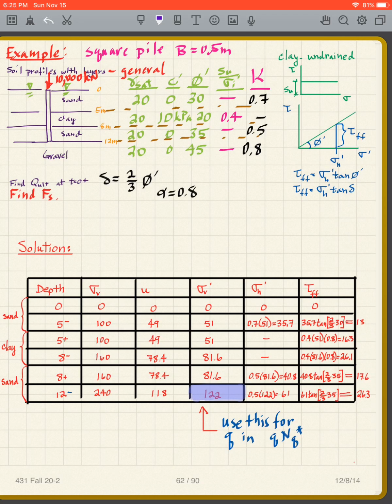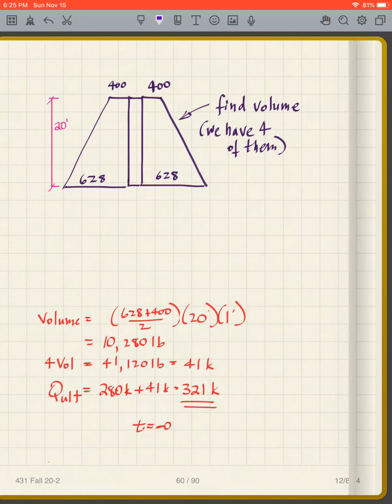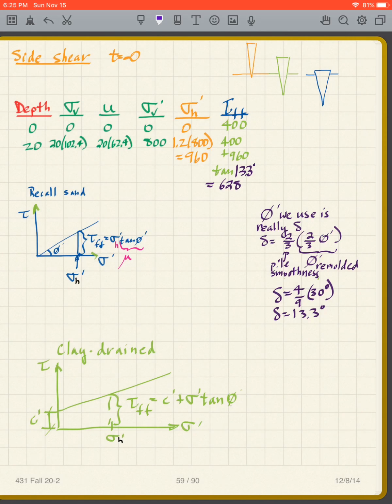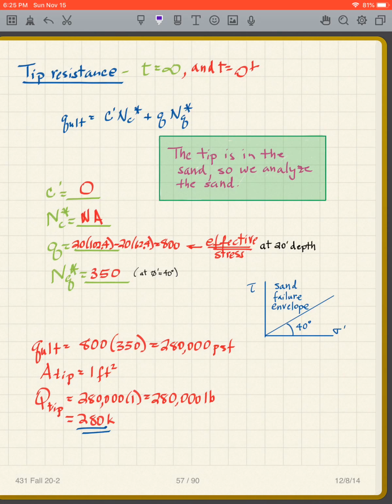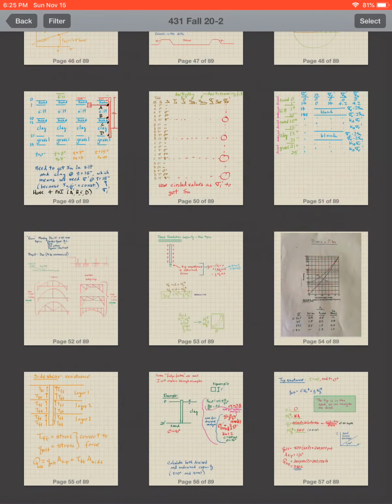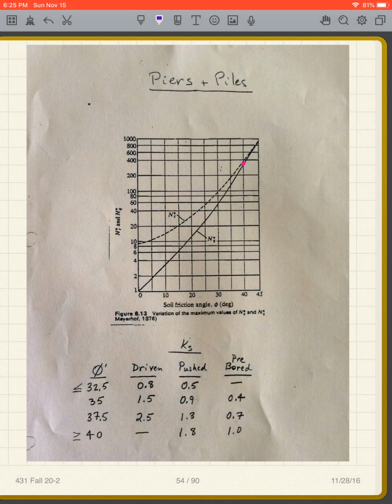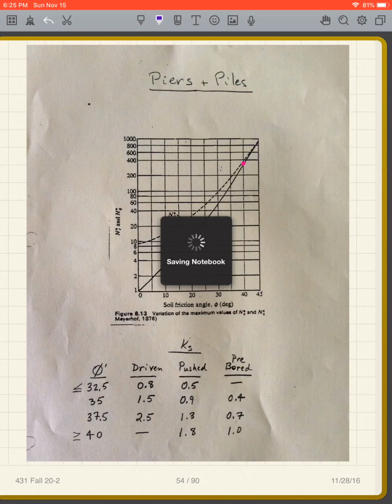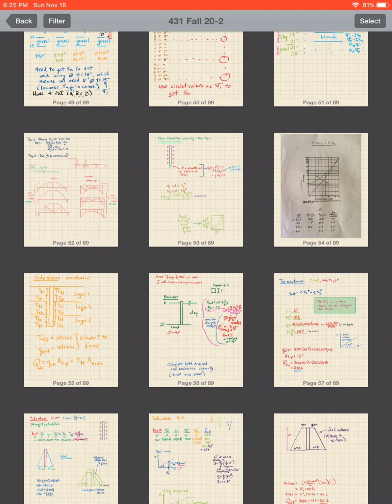So we go to our chart and, oops. Okay, it's taking a little longer than I thought. All right, it's probably the next one. Nope. We go to our chart and we're at 45 degrees, so we're way out here and we're picking our number. It's pretty close to 900, so that's what we're going to use, 900. You can see how big it is.